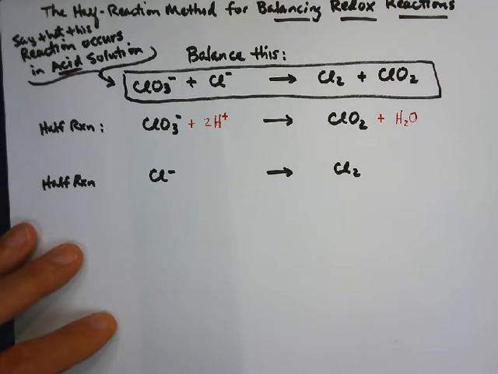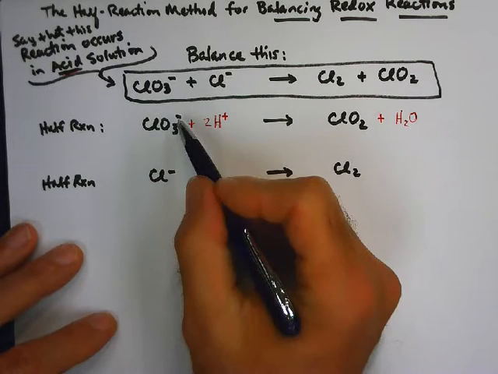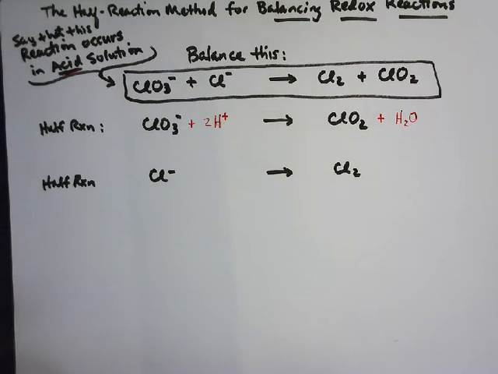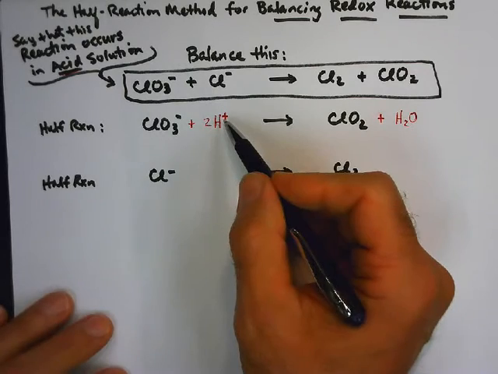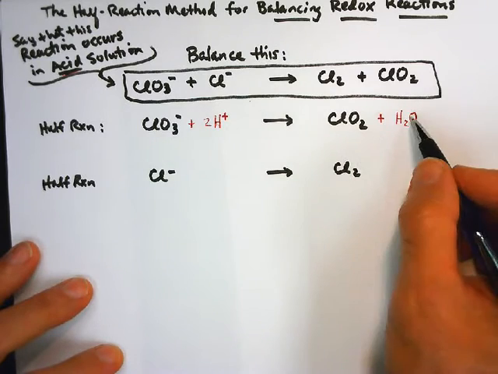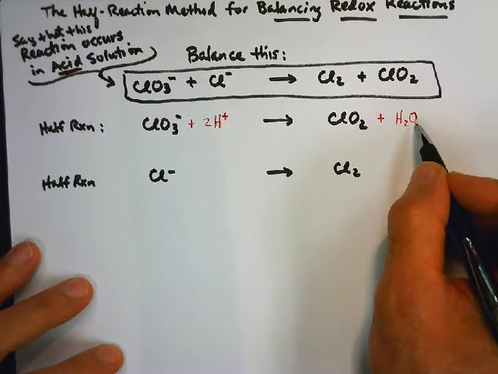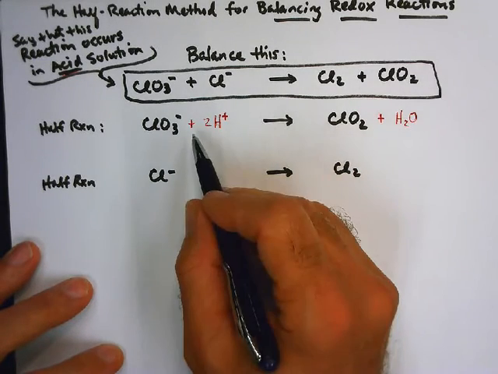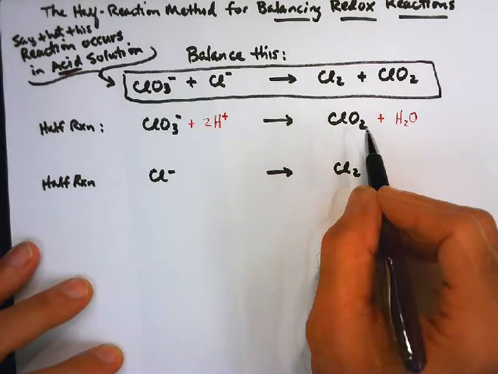The next step is to check the charges. Are the charges balanced? We see here that we have a -1 and a +2, so that gives us a +1, doesn't it? And over on this side, there is no charge, it's 0. The charge must be the same on each side of the arrow.